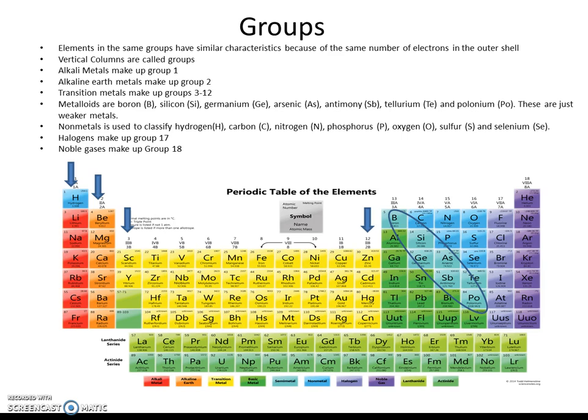Nonmetals is used to classify hydrogen, carbon, nitrogen, phosphorus, oxygen, sulfur, and selenium. Halogens make up group 17, and noble gases make up group 18.